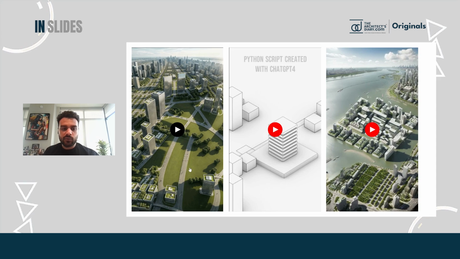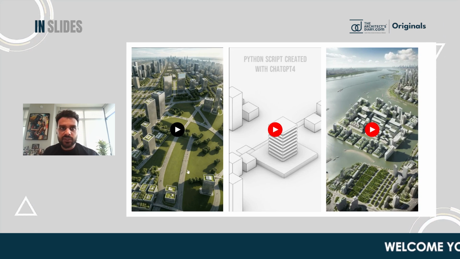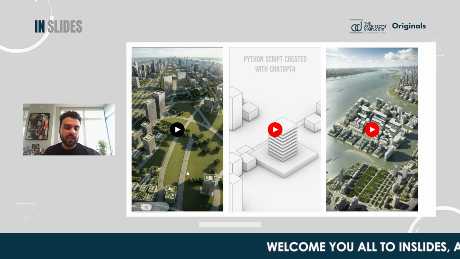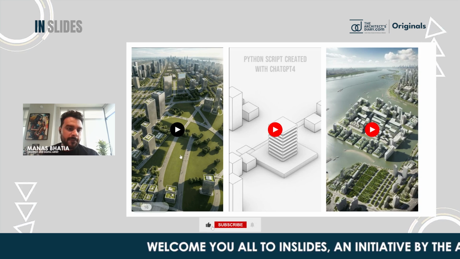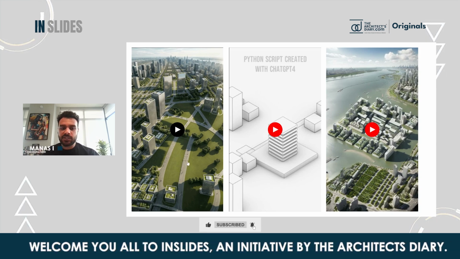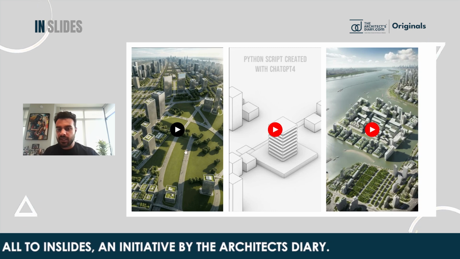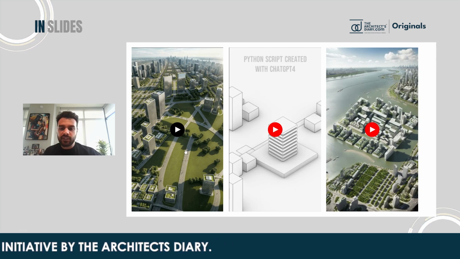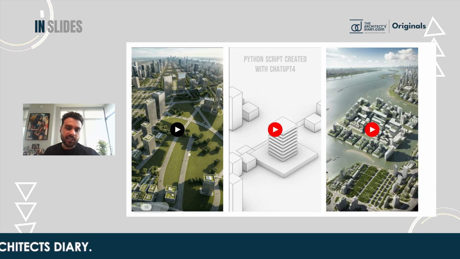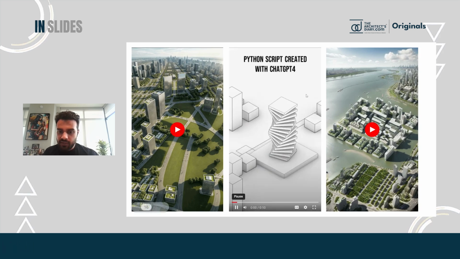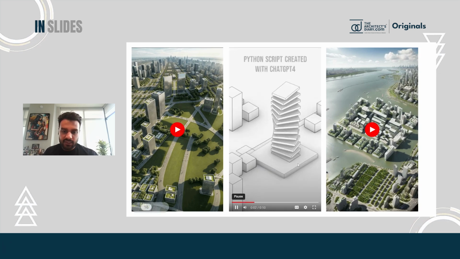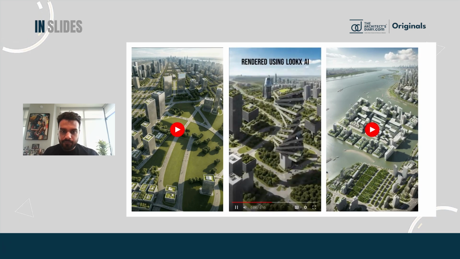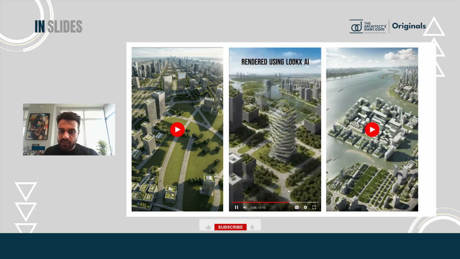To make the 3D model in Grasshopper, I used a lot of ChatGPT to help me with the Python script. And the process was much faster and easier as compared to if I would have written the script on my own from scratch. A second video is a similar example, a simpler form, I would say, again rendered using LookX.